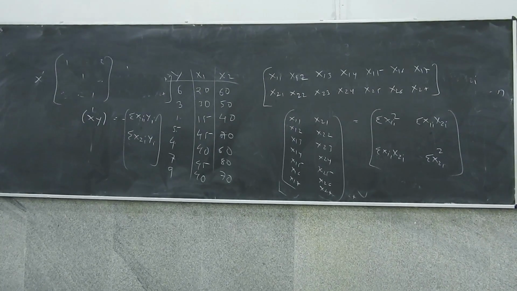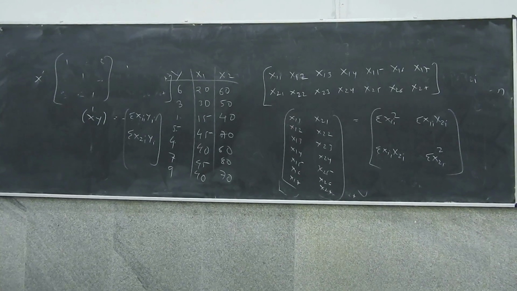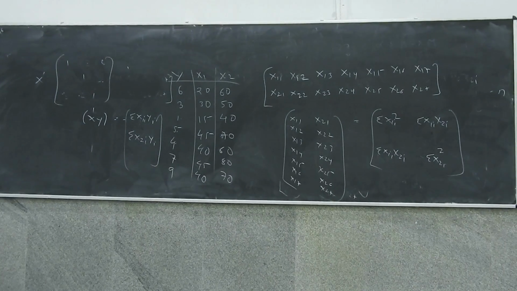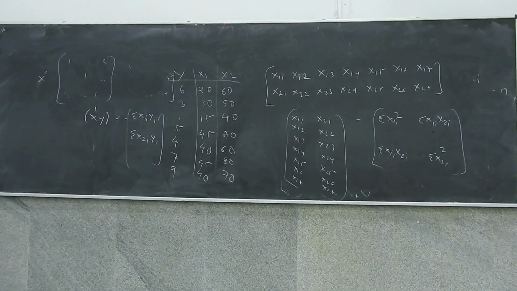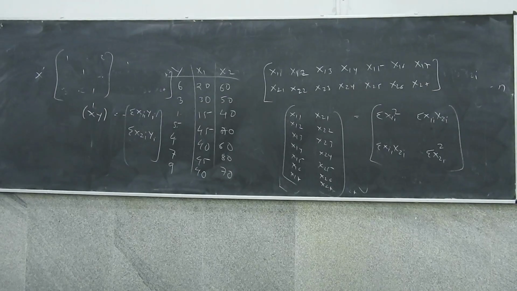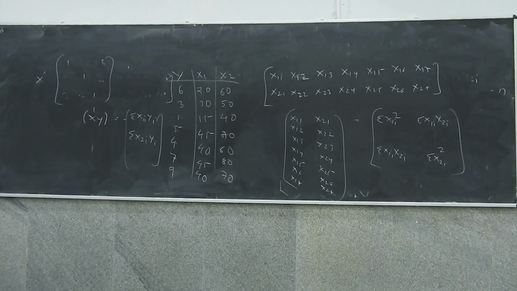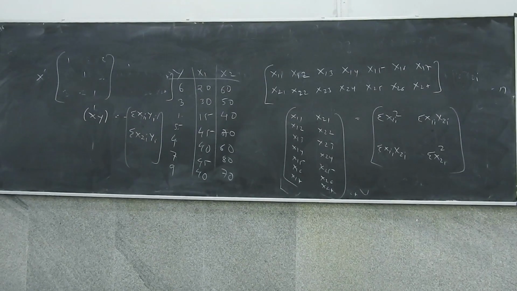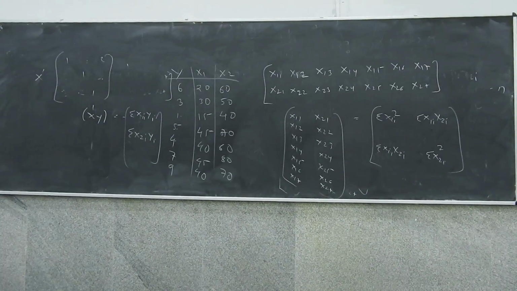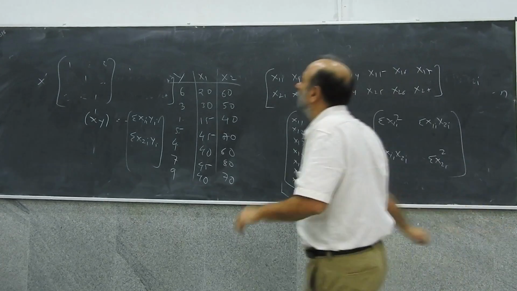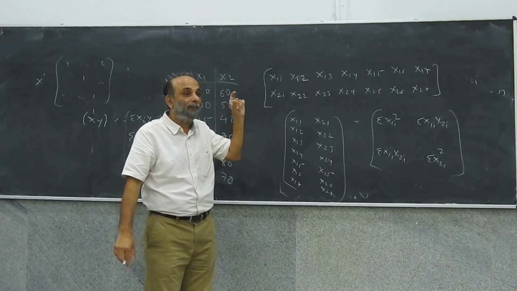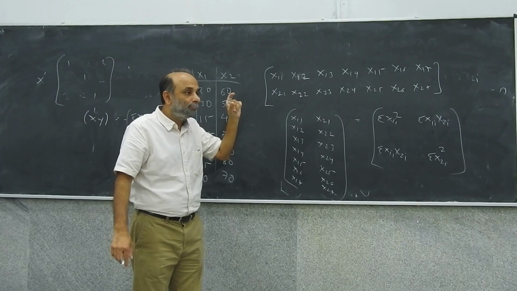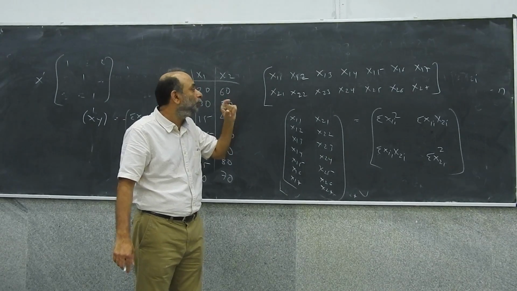So if I multiply by 1/n outside, I can replace each by variance of x1, variance of x2, and covariance of x1, x2, assuming I have subtracted the mean from all these elements. In fact, that's what I am doing when I am not putting an alpha.